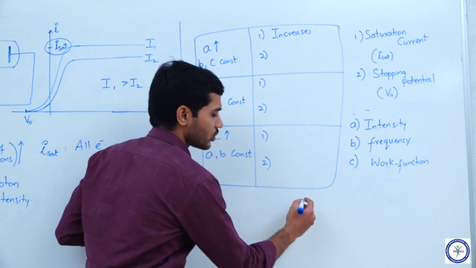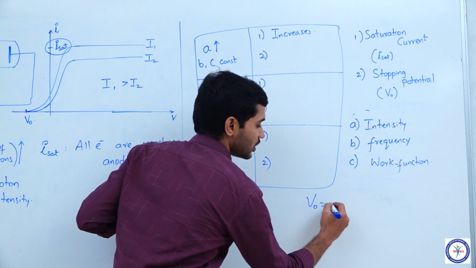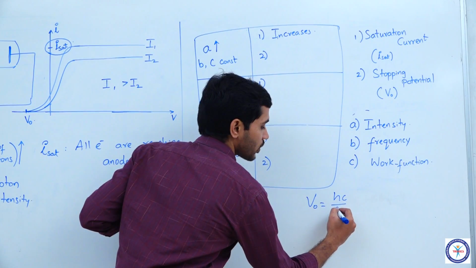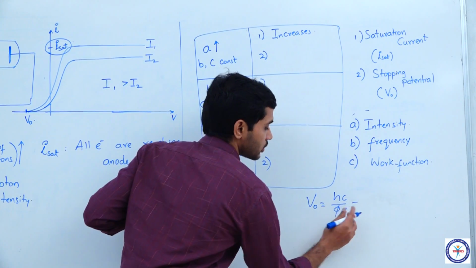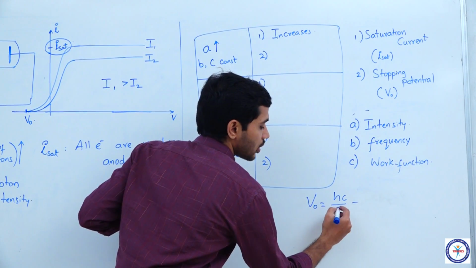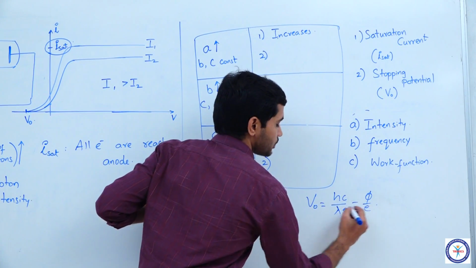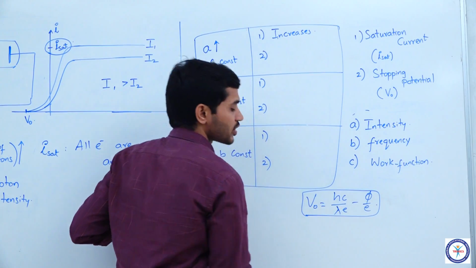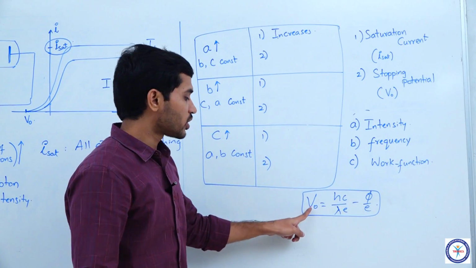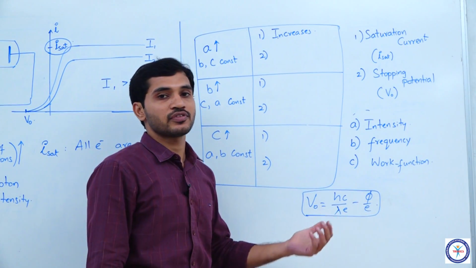I will write it down here itself. You know that V naught is equal to hc by lambda e minus phi by e. Nowhere in this expression can you observe the stopping potential depending on the intensity of light.